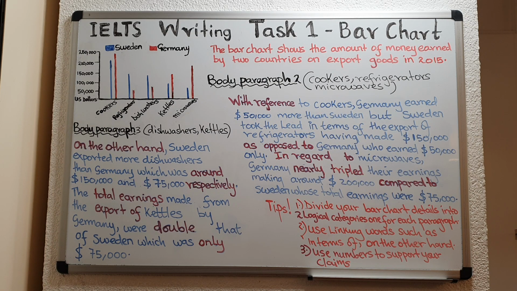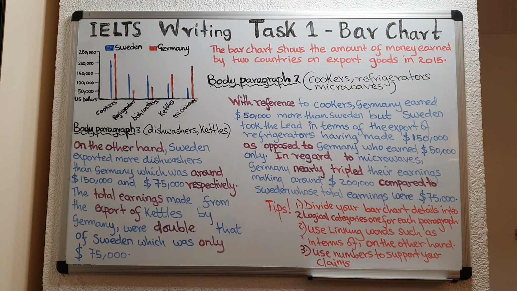Now, once you have divided the details into 2 categories, you then have to begin writing your paragraphs. In my case, then, I have the paragraph about cookers, refrigerators, and microwaves, and this is how to write it.